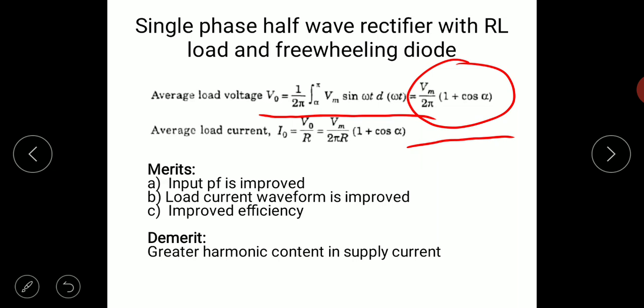It is not the same as series RL. If you observe series RL, in that case there is a slight negative voltage as well, because the SCR was not commutated at omega t equal to pi. In this case, the SCR is getting commutated at omega t equal to pi because the current is switching from the thyristor to the diode side.